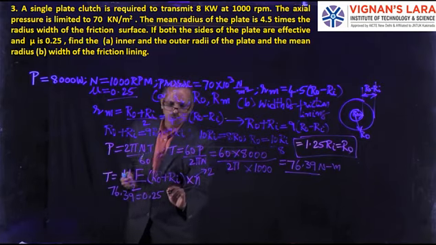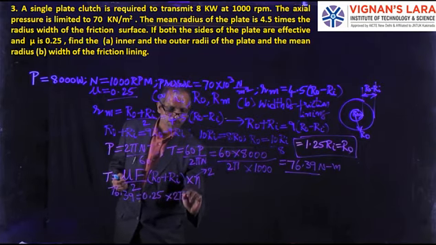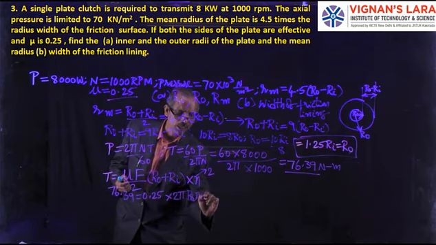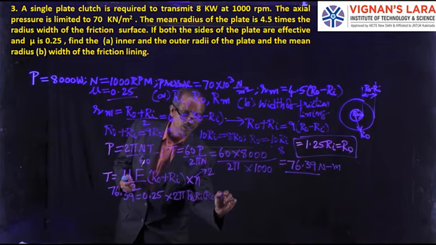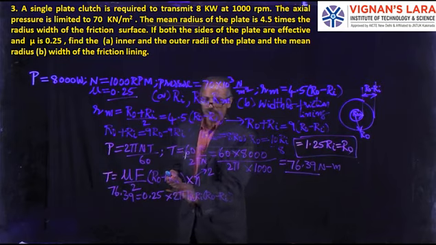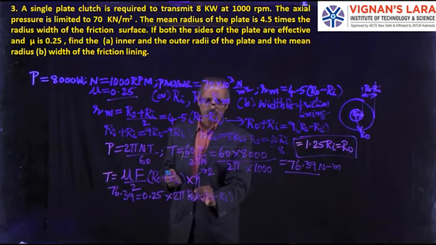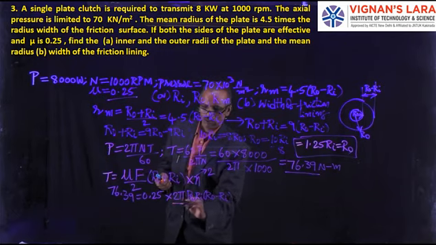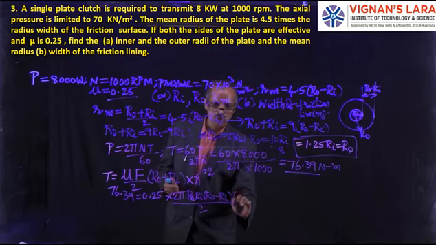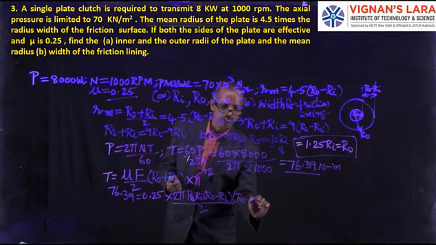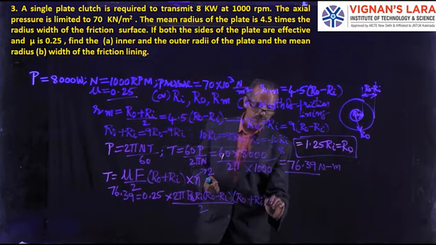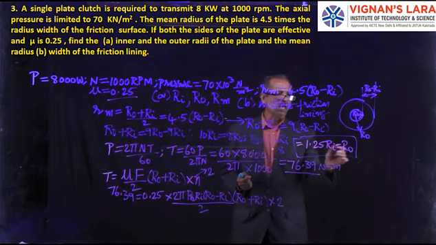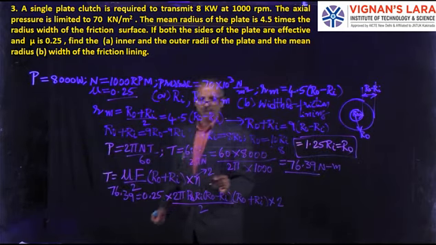That is 2 pi pressure Ri into R0 minus Ri, that is F. Then 1 by 2 into R0 plus Ri. N is 2. Here we have a relation between Ri and R naught, that R naught is 1.25 Ri.